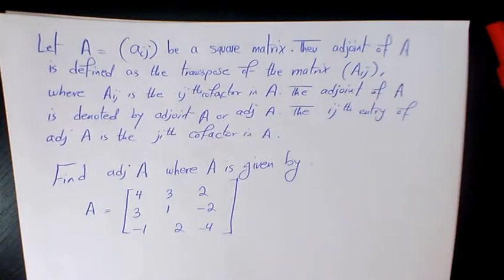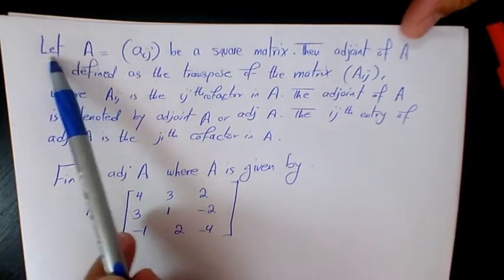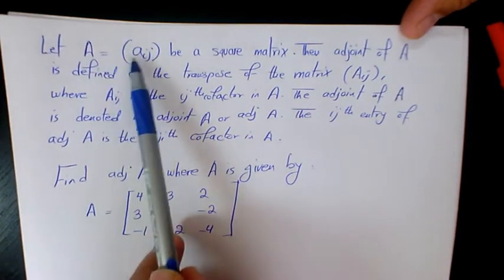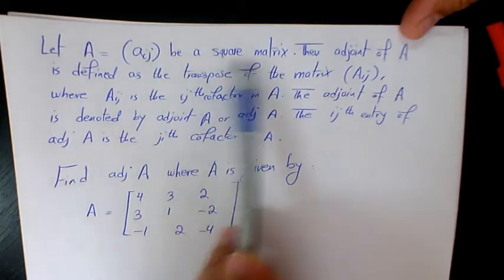Now the next topic is the adjoint of A. It says let matrix A, consisting of the elements Aij, be a square matrix.